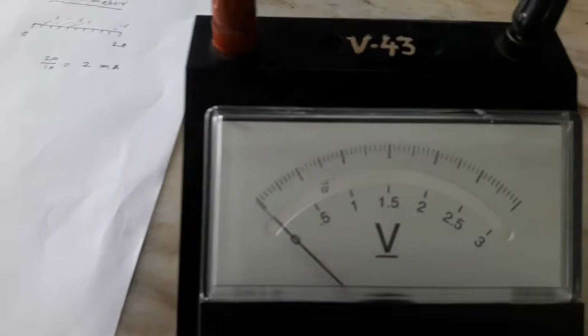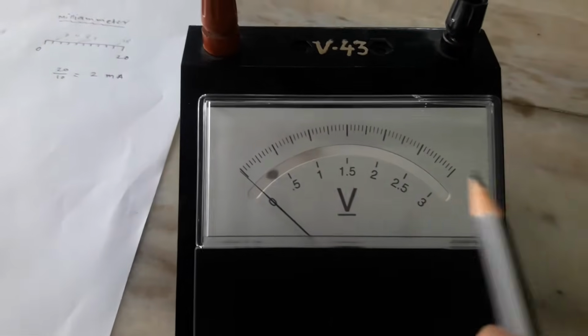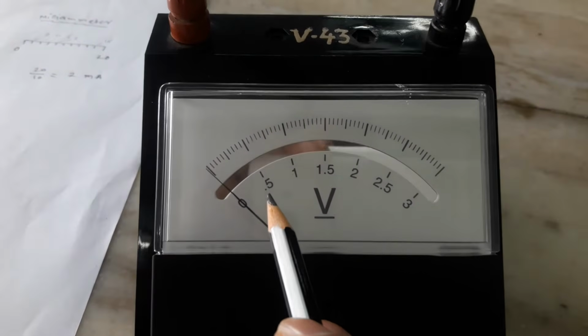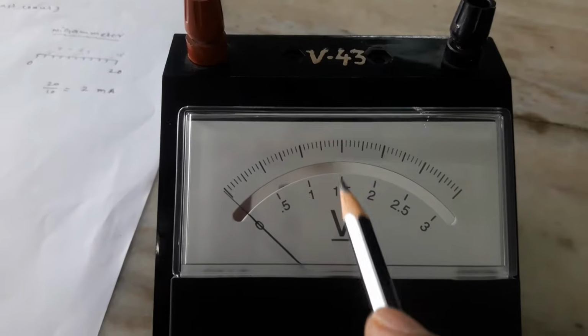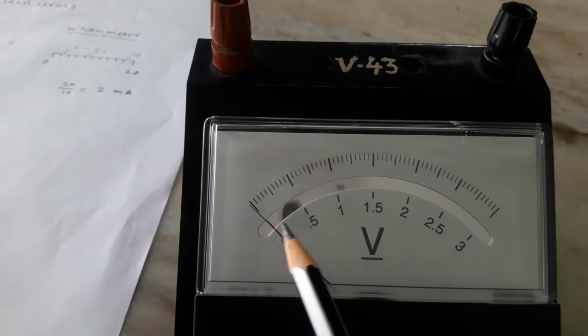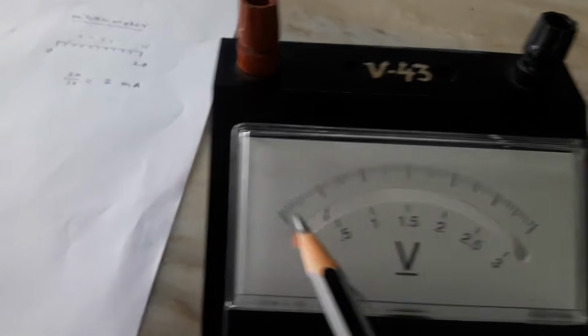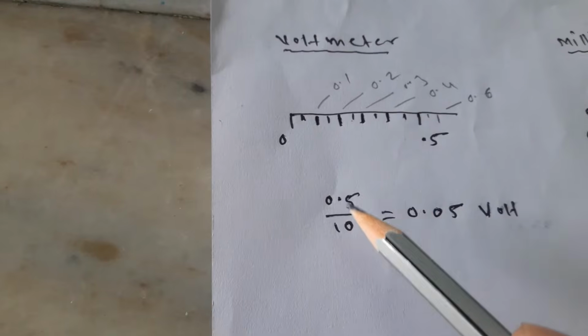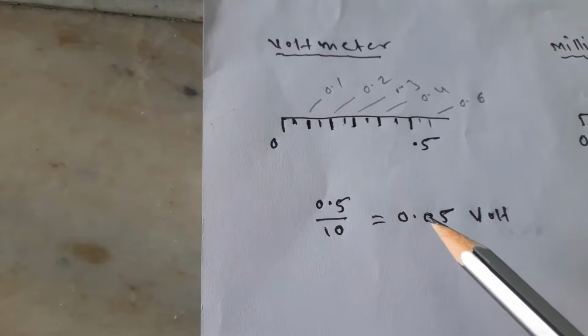Now the voltmeter to measure the voltage. You see here it is 0.5, 1 volt, 1.5, 2 volt, 2.5, 3 volt. From 0 to 0.5 again we have 10 divisions, so 0.5 upon 10 is 0.05.